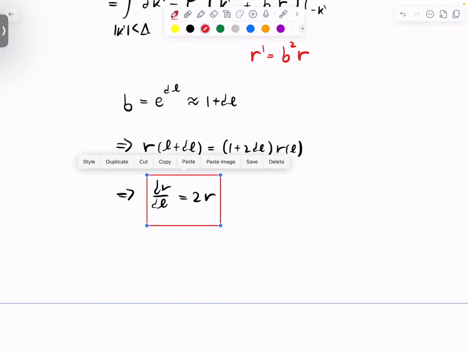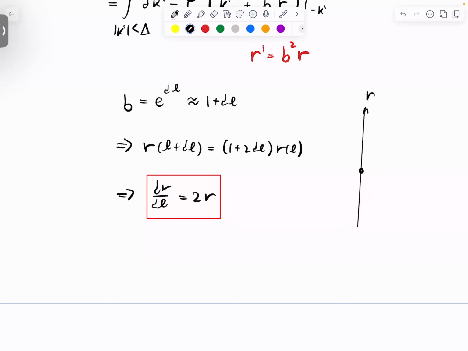So what you can see basically is that r is always relevant. If I plot, here I have r, here I have r equal to 0, and then I have runaway flows in both directions.